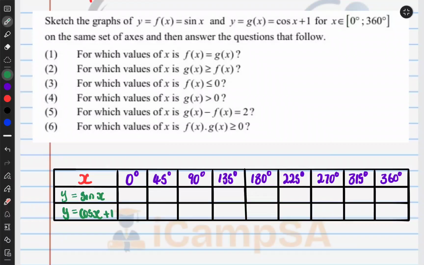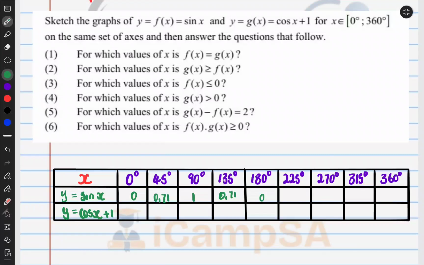Sine of 0 is 0. Sine 45 is 0.71. Sine 90 is 1. Sine 135 is 0.71. Sine 180 is 0.